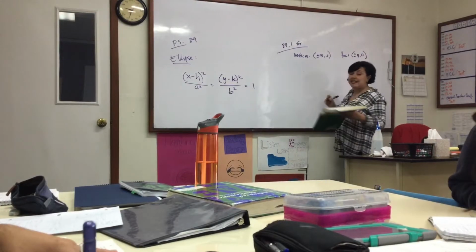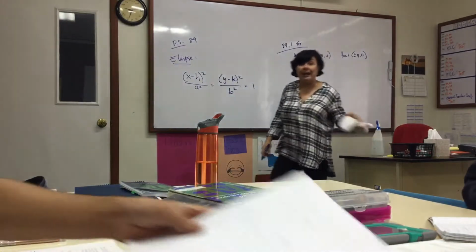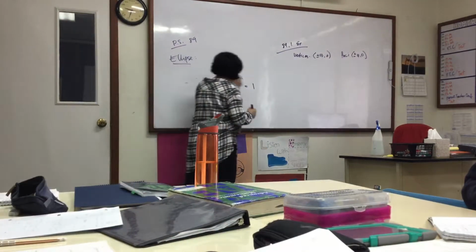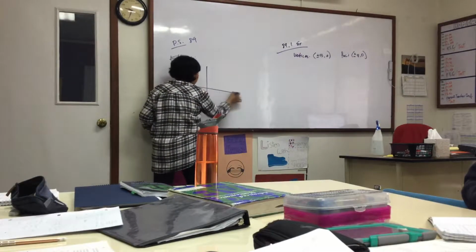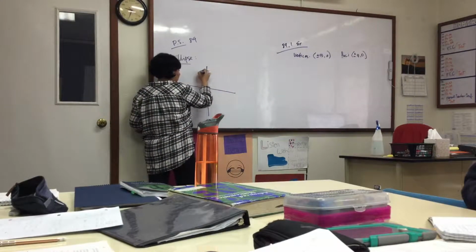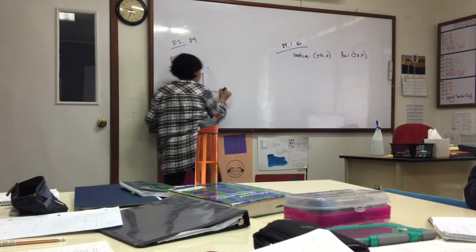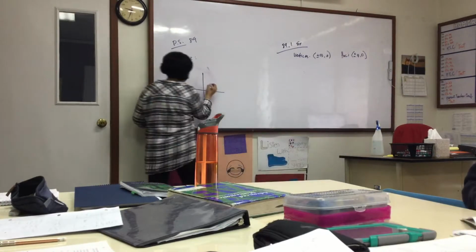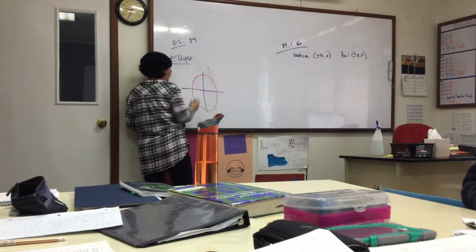Now, in case you forgot what the vertices and the foci are, let me remind you. I'm going to erase this and draw an ellipse. Okay.